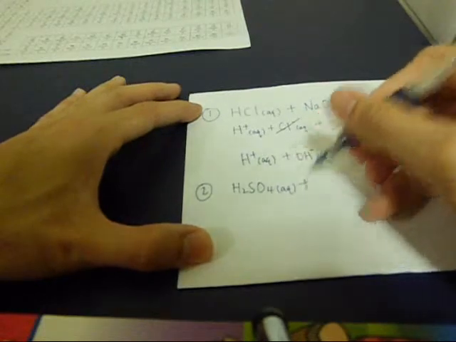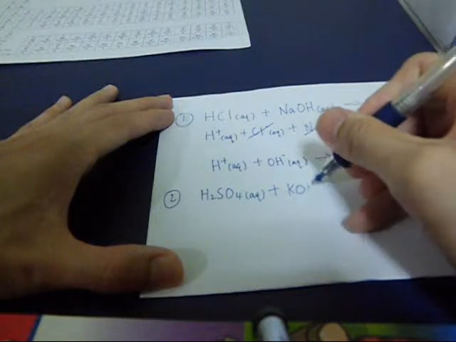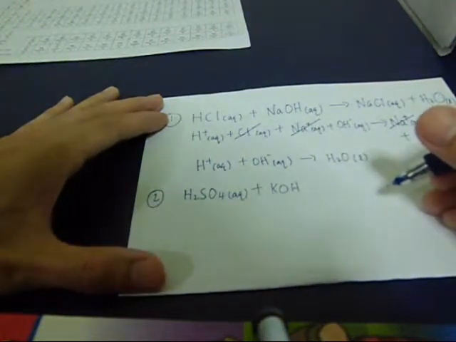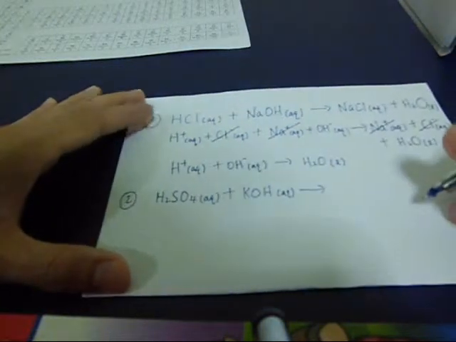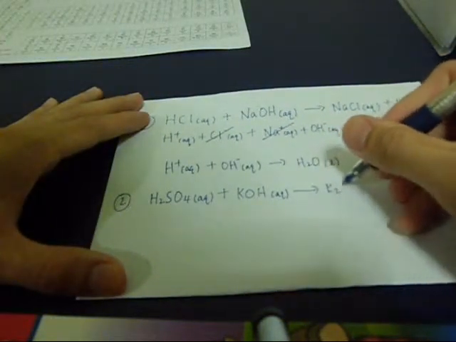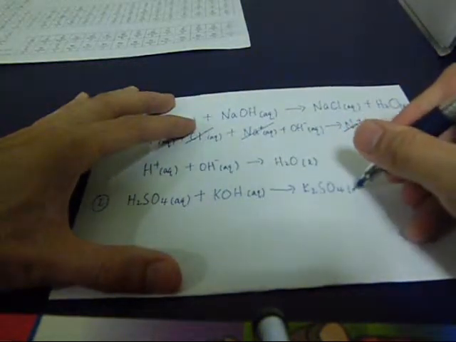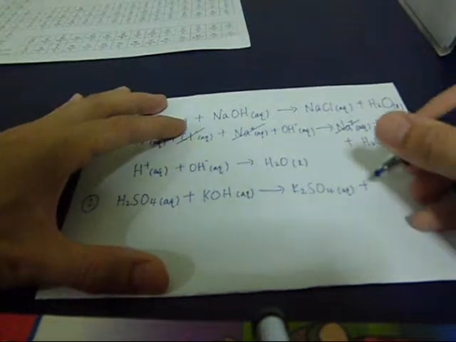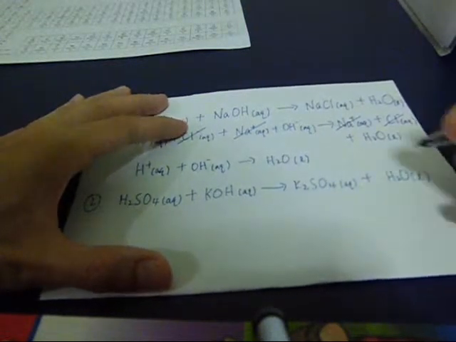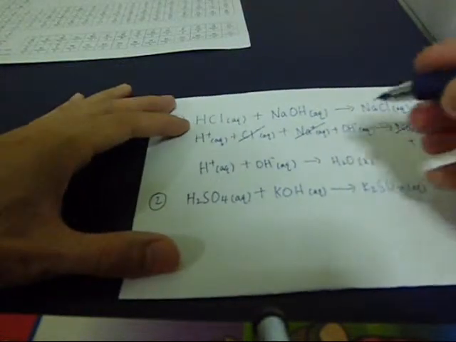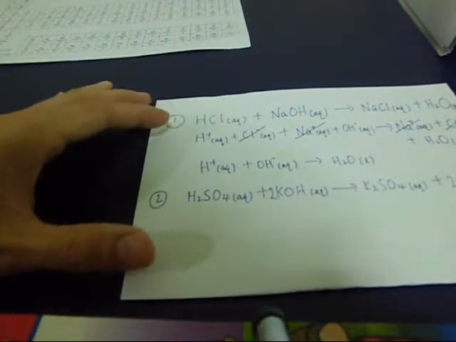This is your sulfuric acid, reacting with KOH, which is your potassium hydroxide, and then that would give you K2SO4, your potassium sulfate, and your water. This is the balanced chemical equation.